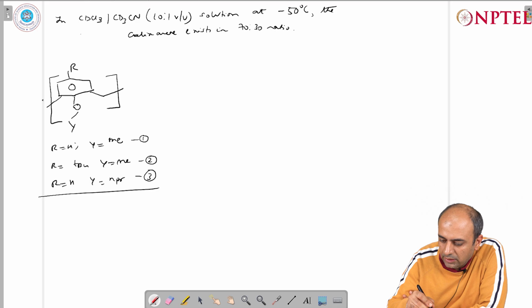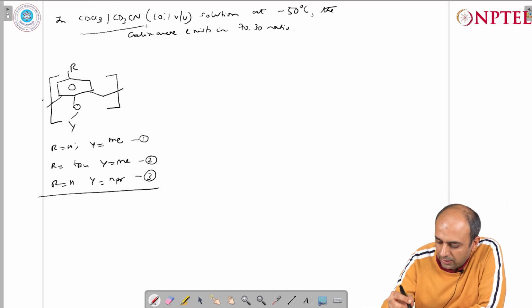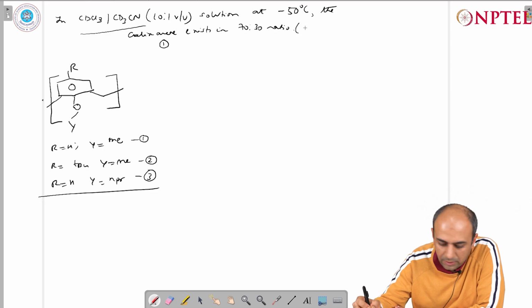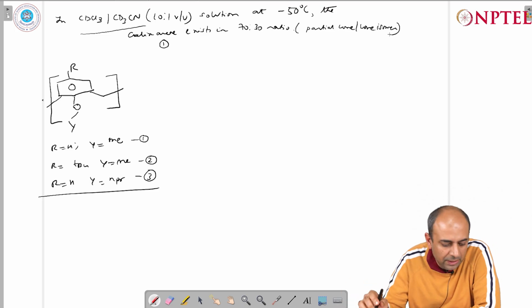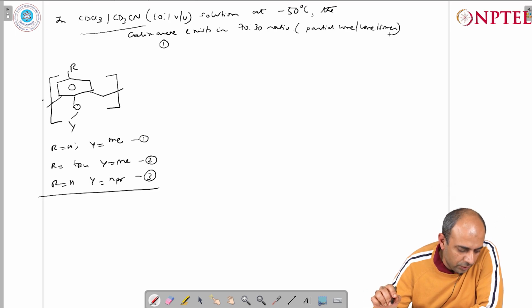So, when you have the CDCl3 CD3CN solution, then what has been observed, the calixarene 1, that is when you have the OH group, so it is actually the more polar compound, exists in the 17:30 ratio as partial cone and cone isomer. So, it exists in these two particular conformations in this ratio.